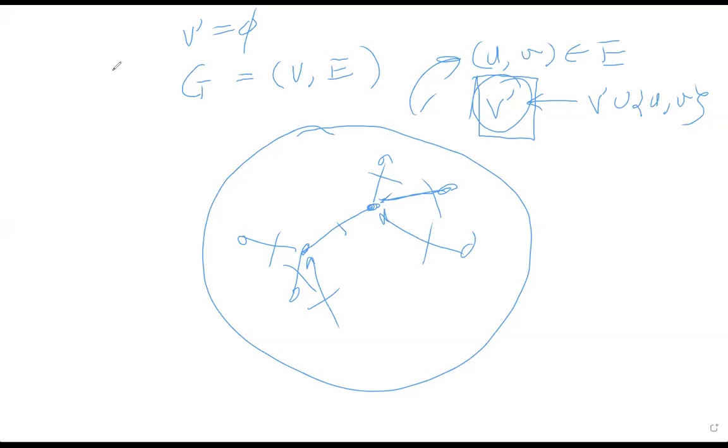So we can let V star be an optimal, in this case a minimal, vertex cover.